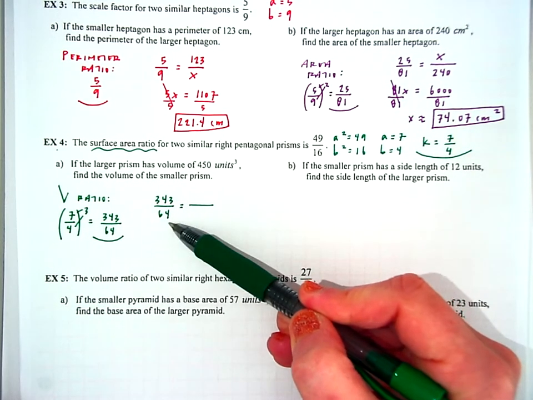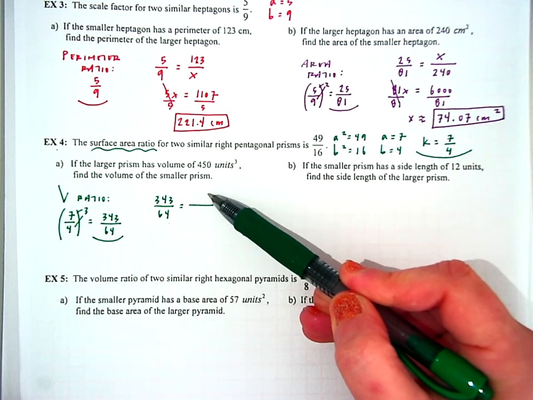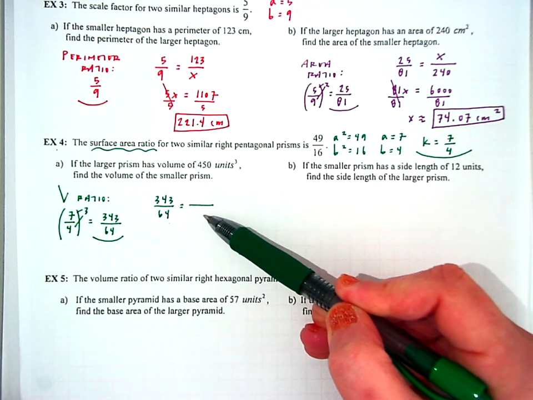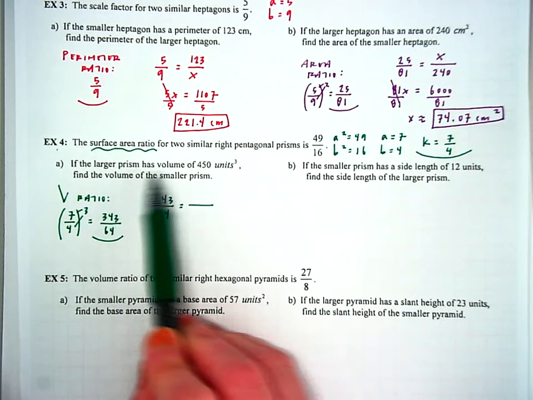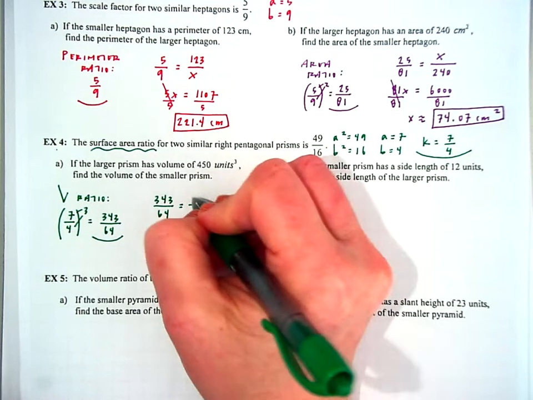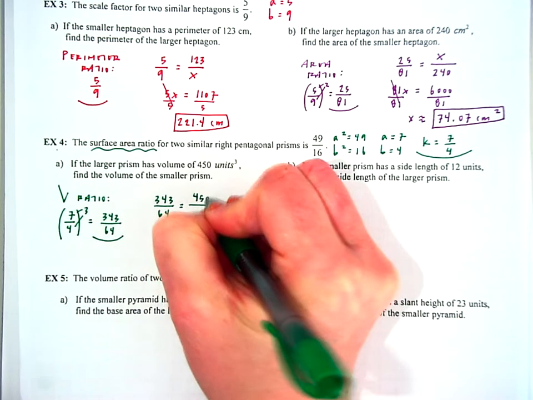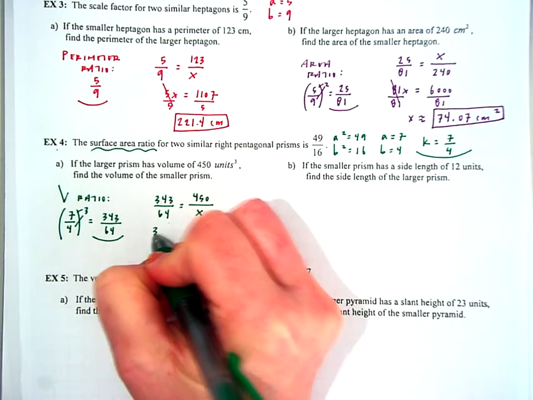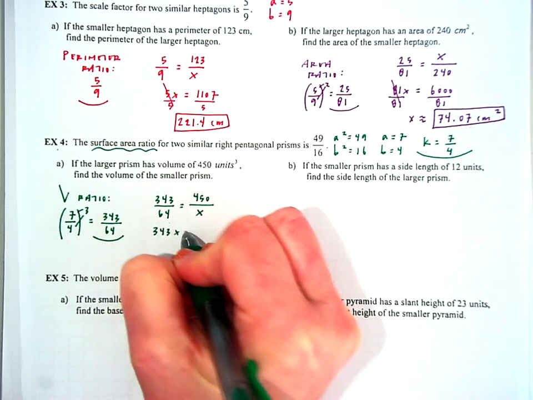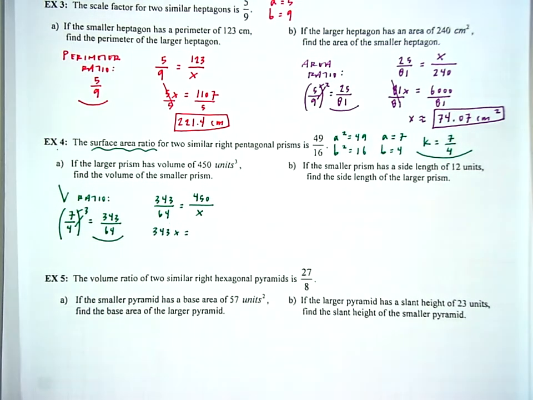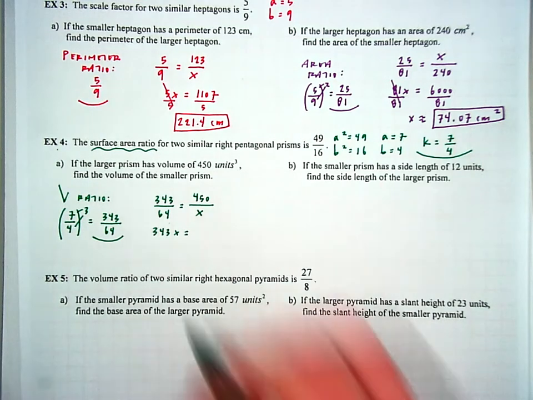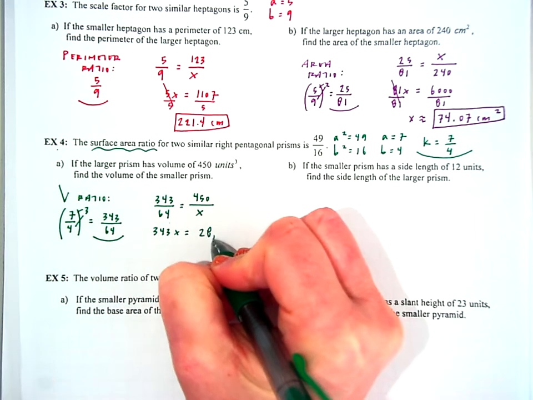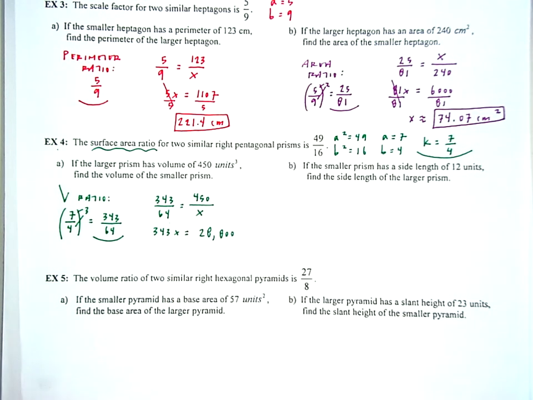So now I need to build my proportion. I know that 343 is to 64 just as, in this model here, I have my large over the small. I have to be consistent here, large over the small. We're told that the large prism has a volume of 450. So large over small, 450 over x.